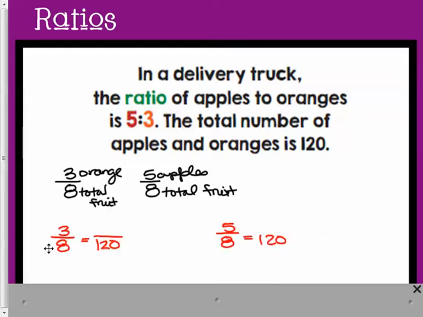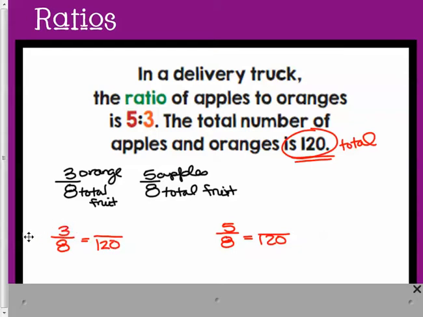And I can set this 8 as a total equal to this 120, which is my total fruit in the truck. So this is the total fruit for the ratio, and this is the total fruit for the truck. So that's why it would go in the denominator, the bottom.